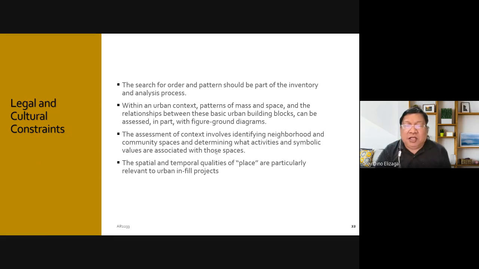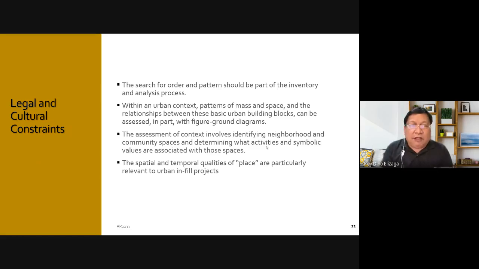Because infill projects mean you're just trying to insert yourself. You're not trying to develop the whole urban area. So your project can be an infill project, where the property is only a vacant lot amidst so many other buildings at the sides. Those other buildings already have a character of their own.